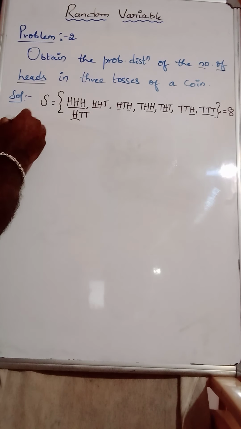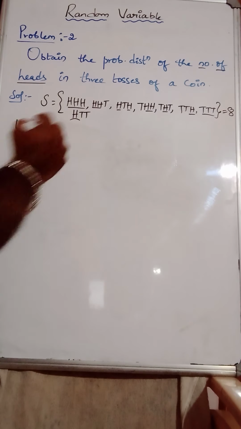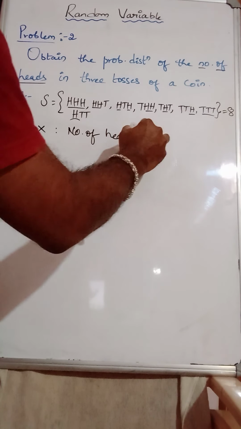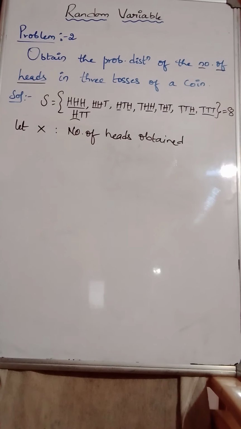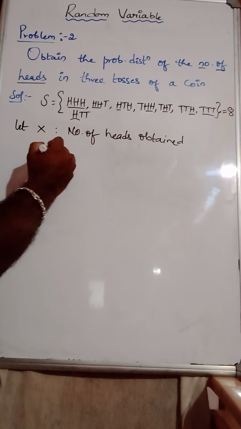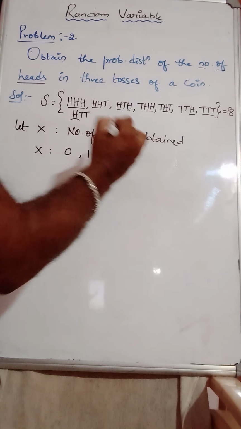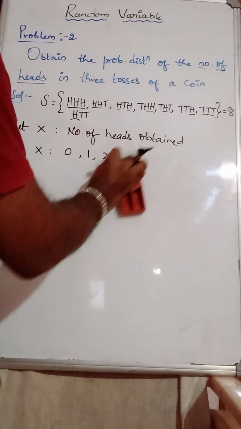Let X denote the number of heads obtained when a coin is tossed thrice. Then the random variable X takes the real values 0, 1, 2, 3.